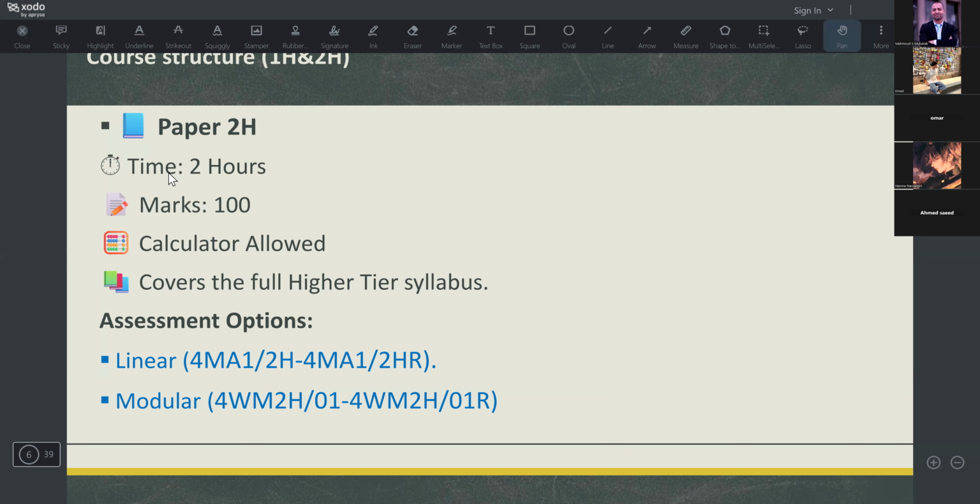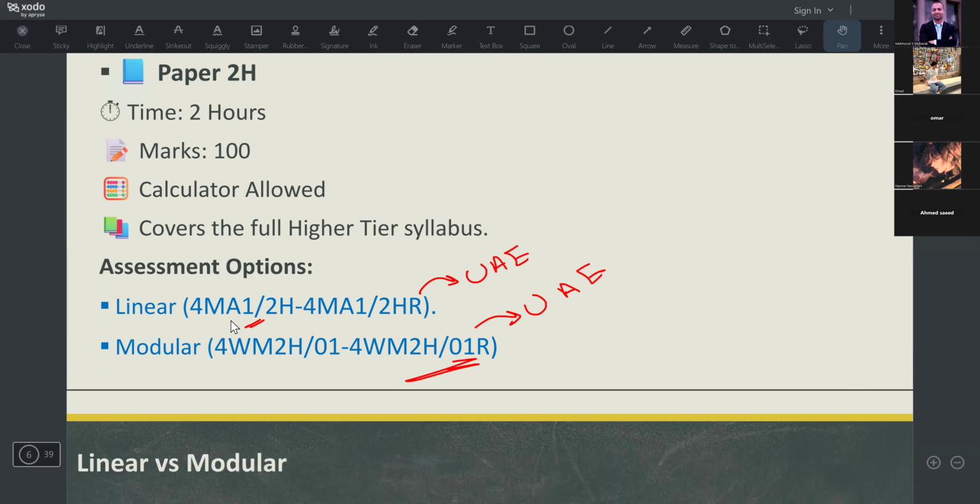Linear, this is the code of the paper, and also for the United Arab Emirates. So: our papers, time for each one, marks for each one, calculator allowed, and our assessment options, linear or modular.